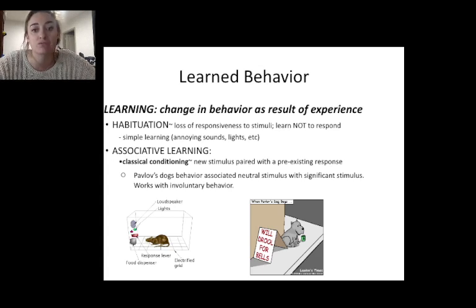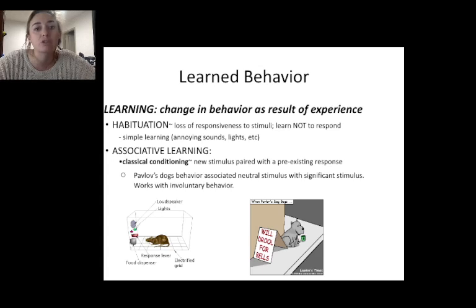and an unconditioned response. The unconditioned stimulus was a dog getting their food bowl, and the unconditioned response was salivation or drooling. And Pavlov started ringing the bell, which was a conditioned stimulus, during the same time that the food was being given, having an unconditioned response of salivating when there was both the unconditioned and the conditioned stimulus in front of the dog.